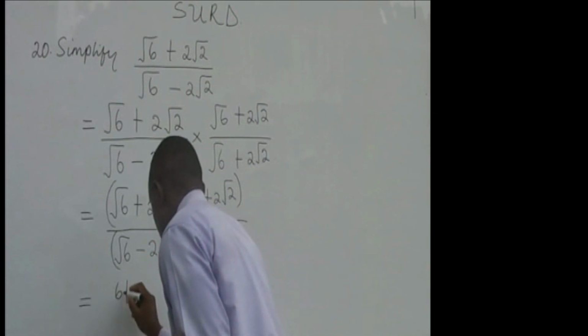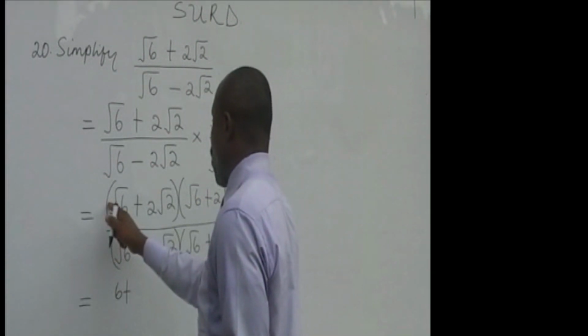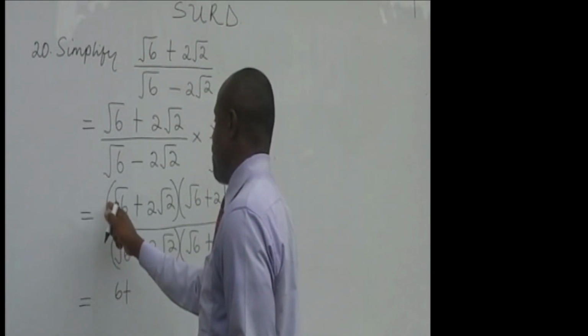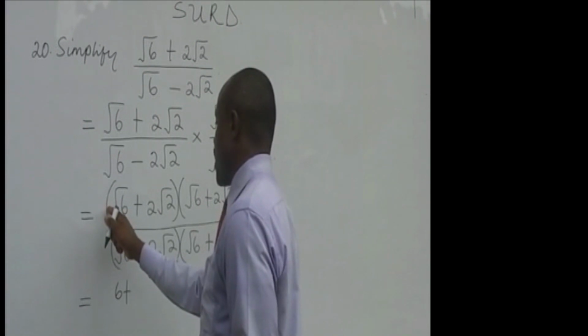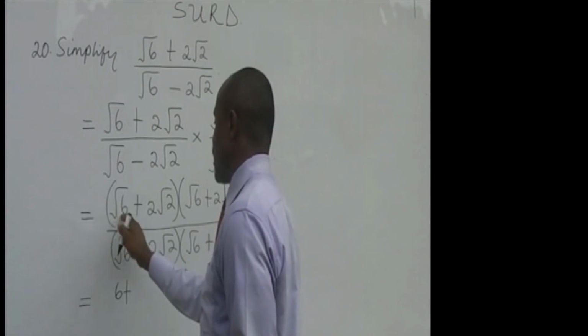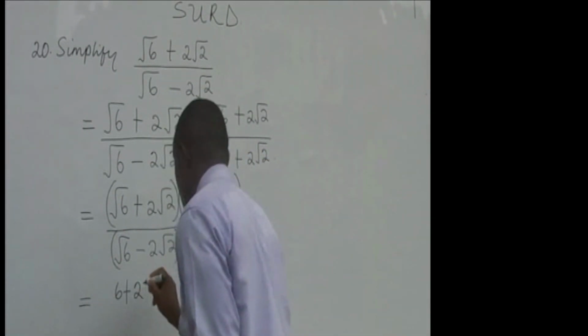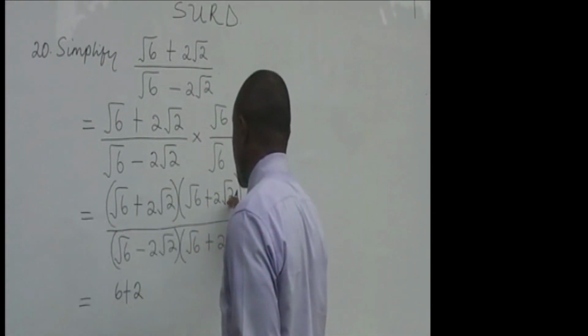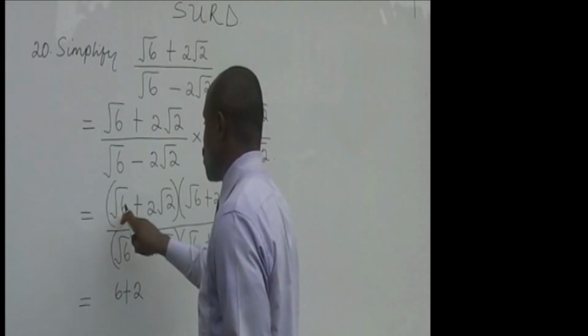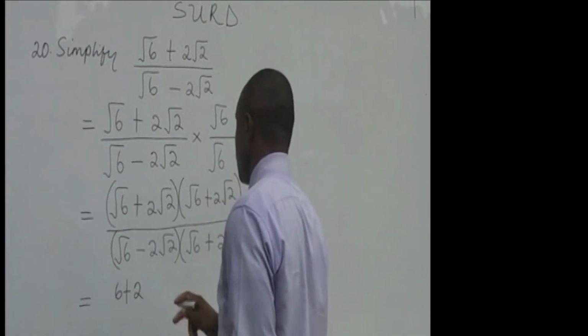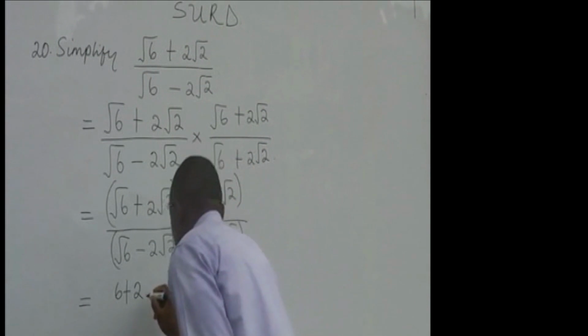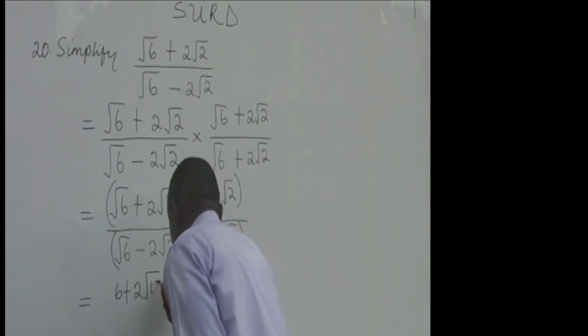First of all, you have plus. There is 1 invisible here that made this thing 1 root 6. So that's 1 times 2 will give you 2. Then root 6 times root 2 will give you root 12. That's 2 times 6 times 2. So we're going to have 2 root 12.